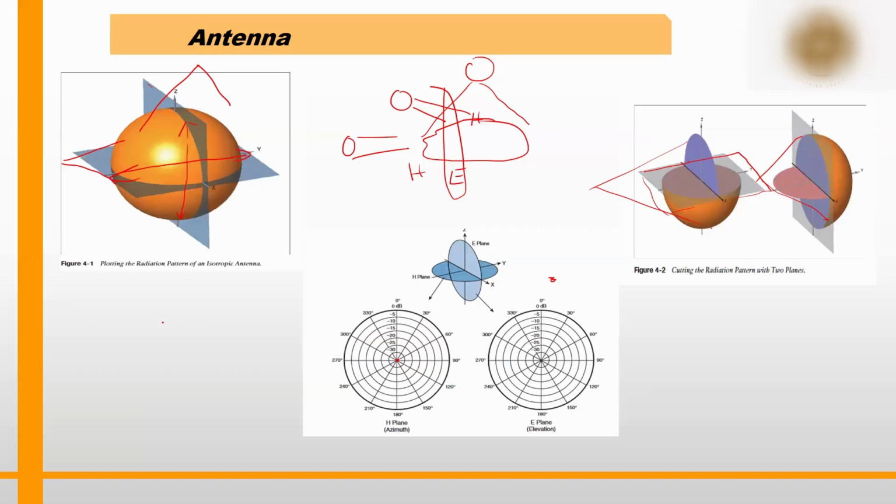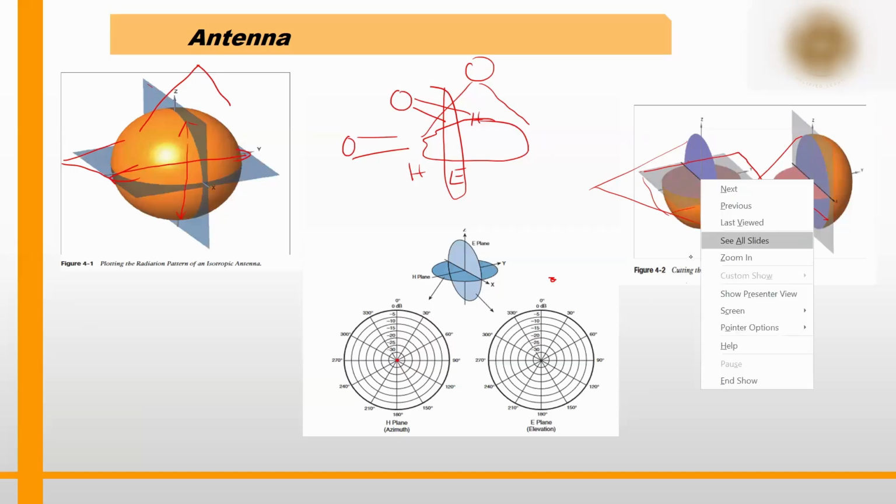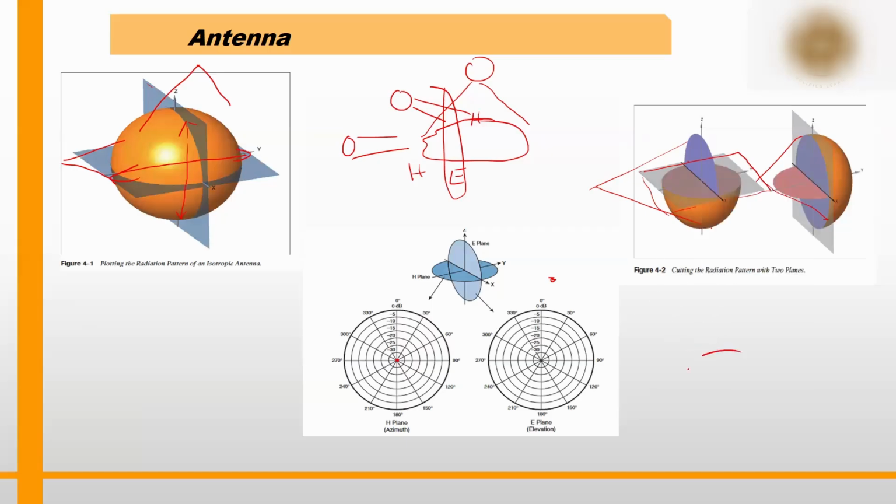Normally in polar charts, the antenna is placed at the center. Suppose the antenna is here. This is not a good diagram, but it is going to radiate radially in all 360-degree directions.